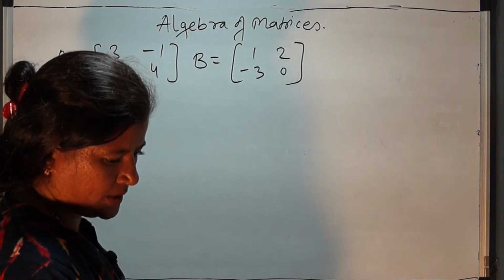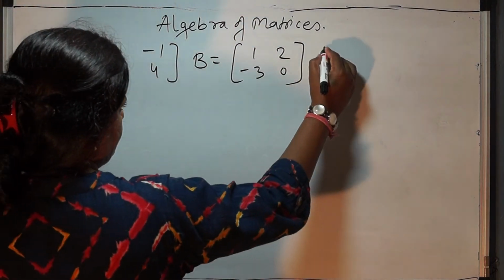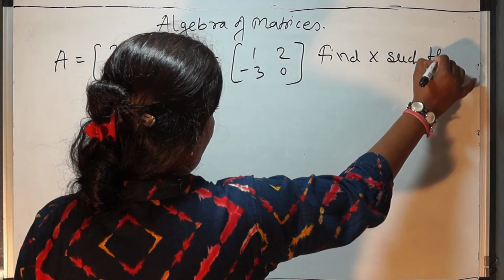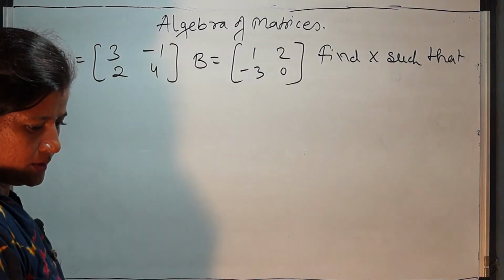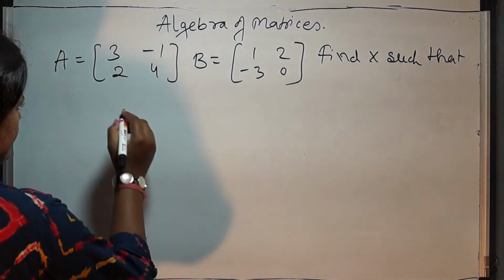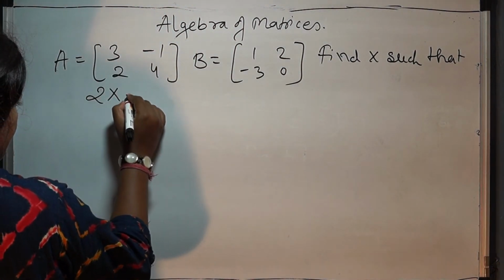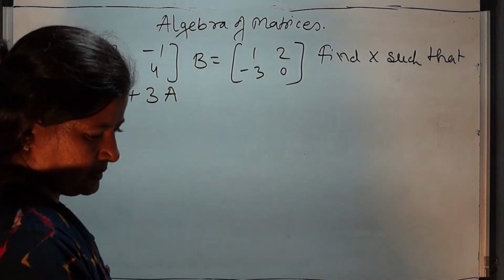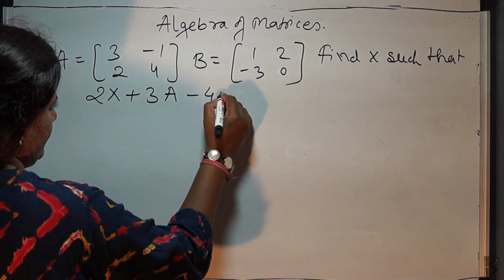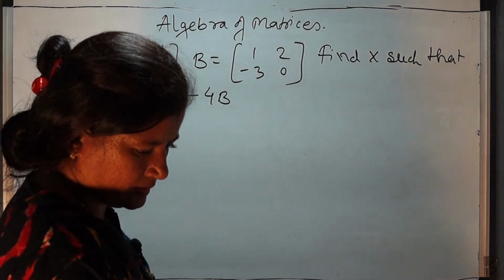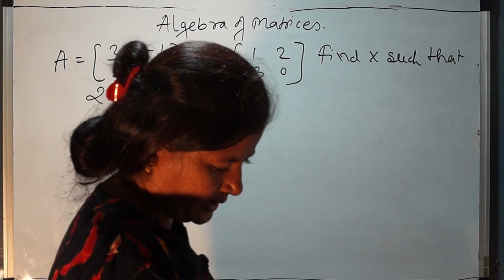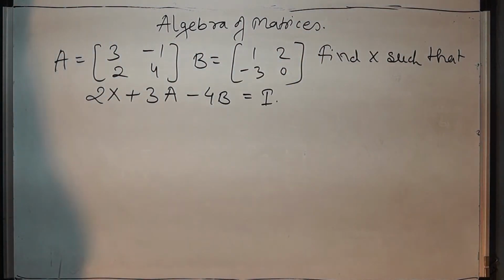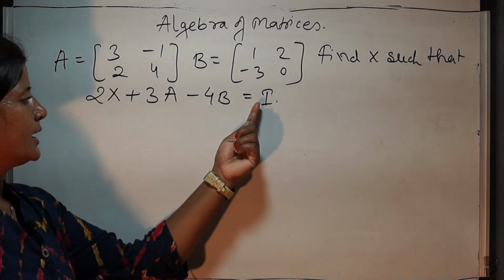Find x such that 2x plus 3A minus 4B is equal to I. Okay, now just see, I is what?